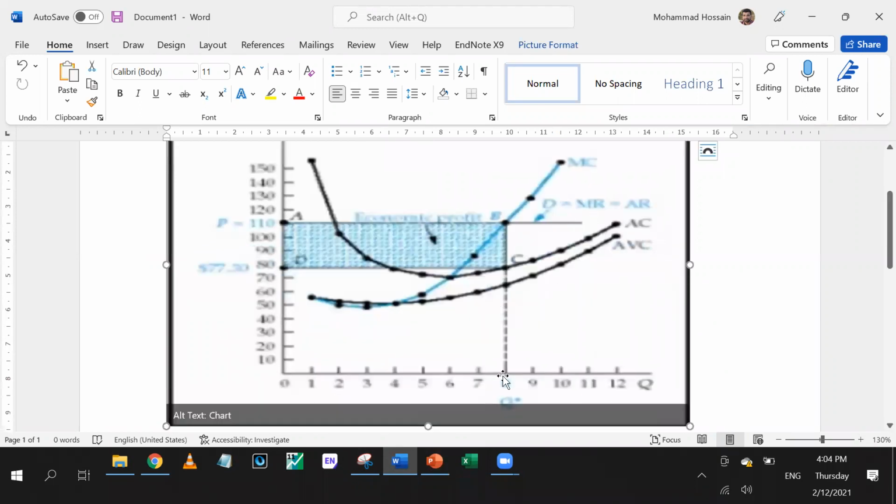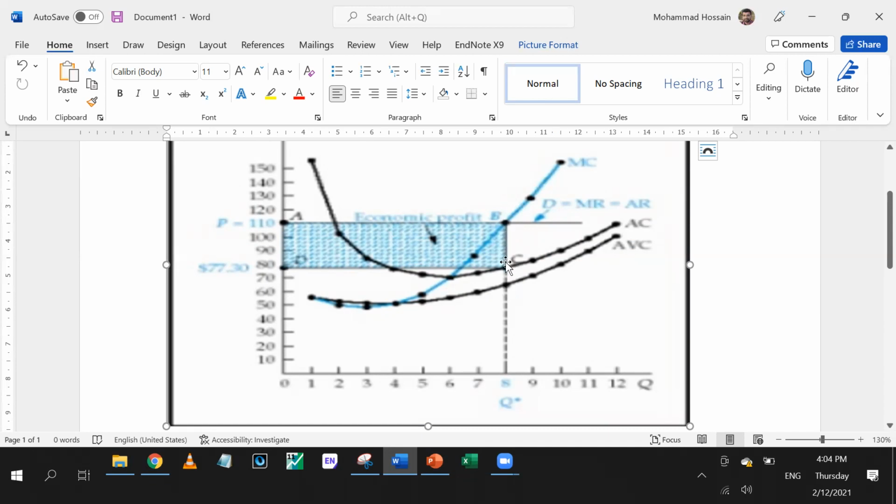Now you can see here, if they produce at this level, marginal cost is here, but your average cost is here. Marginal cost is higher than the average cost. Okay, that's fine. Now I would like to see what about my revenue. So here is my revenue line.